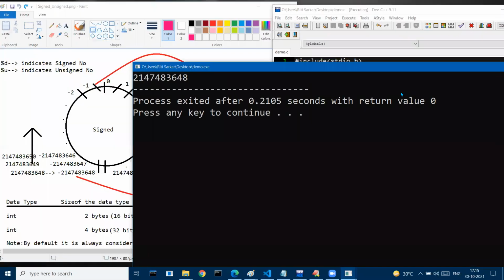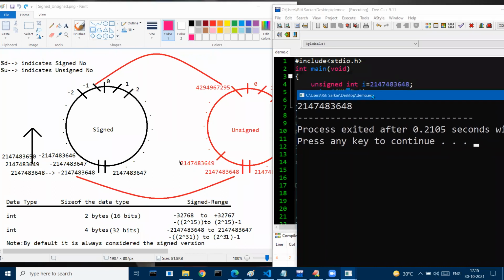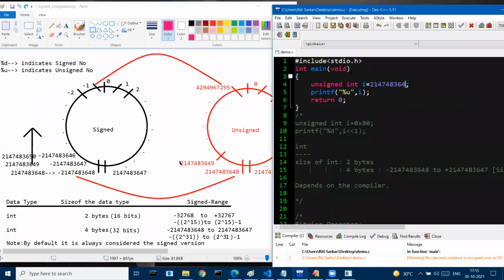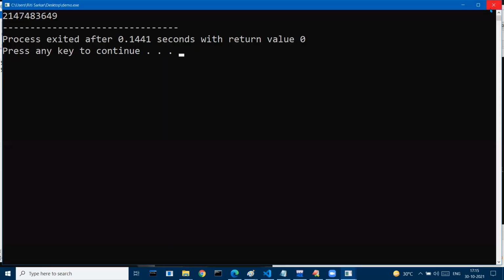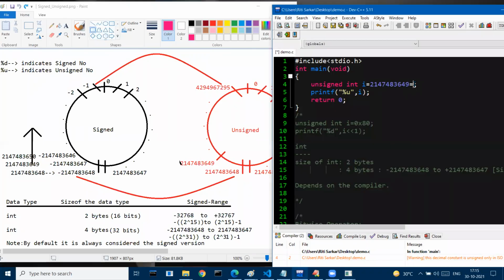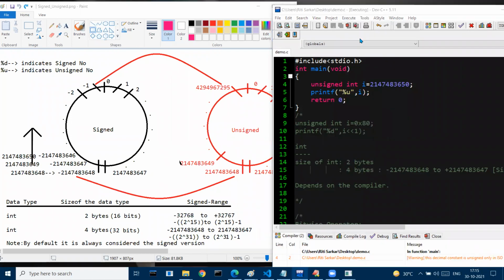Perfect, na? 48 you give, 48 is coming. Sir, if I take 49, 49 will come. Execute, compile and run. If I give 50, 50 will come. Positive 50 or negative 50? Unsigned, na? Positive 50 will come. Execute, compile and run.